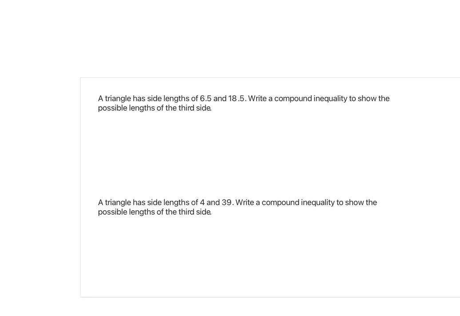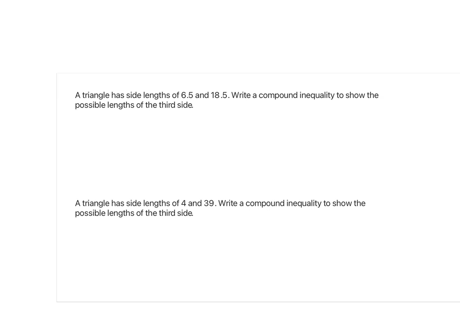Okay, here's a couple more examples really quick that don't take you through the process. So I know that x is going to be between, when I subtract 18.5 minus 6.5, I get 12. When I add 18.5 and 6.5, I get 25. So my possible values for my third side of my triangle are going to be between 12 and 25.